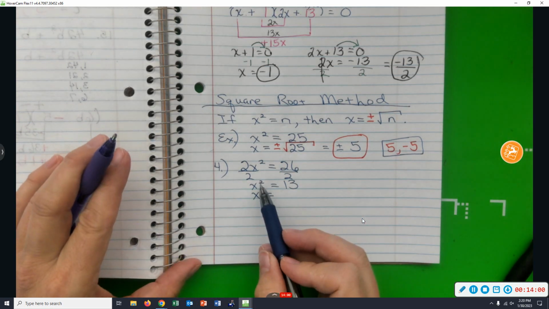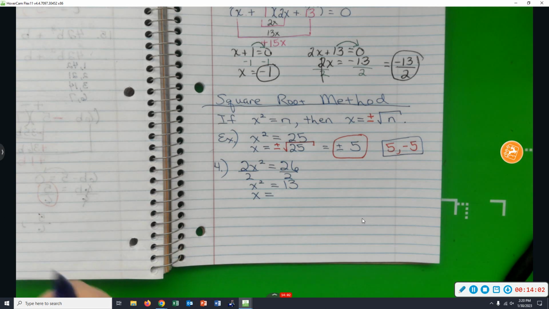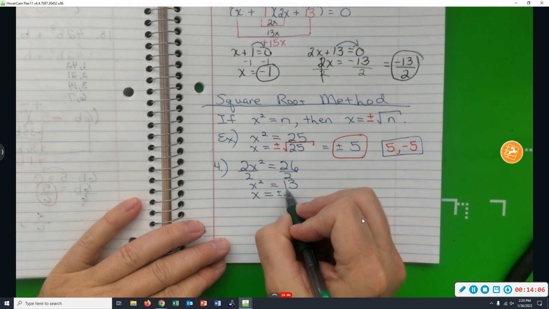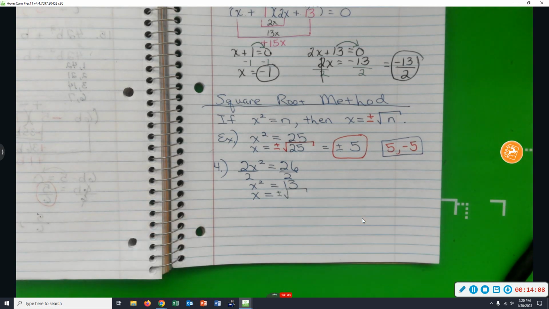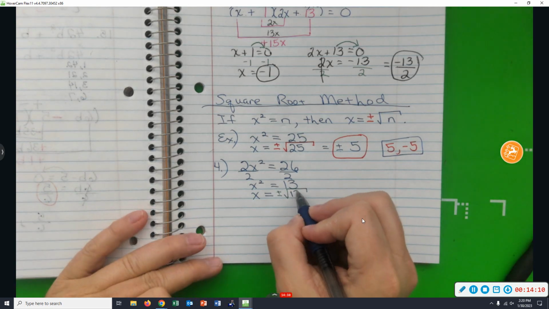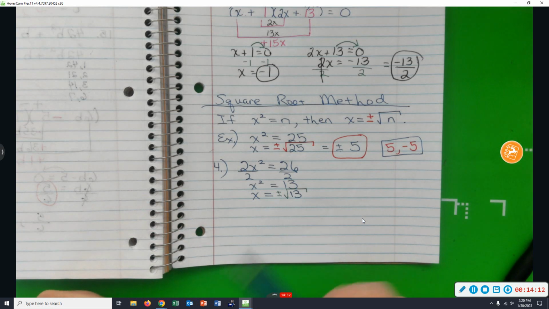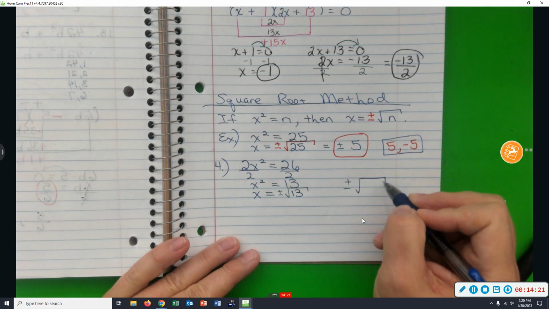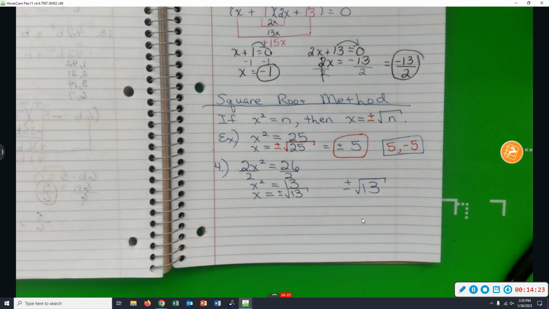When you drop the square, what do you pick up on the right? Positive or negative square root of 13. Hey, can we simplify the square root of 13? No, it's a prime number, so we're just stuck with positive or negative square root of 13. That's what I'll type in.